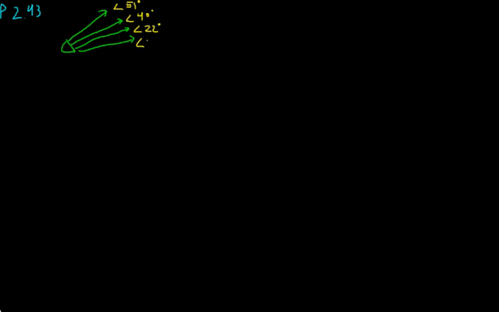And this angle is 9 degrees. This is going to be T4, T3, T2, and T1. It also gives you at the beginning of the problem that all these T's are equal. So all the magnitudes of these T's are equal: magnitude of T1 equals magnitude of T2 equals magnitude of T3 equals magnitude of T4.